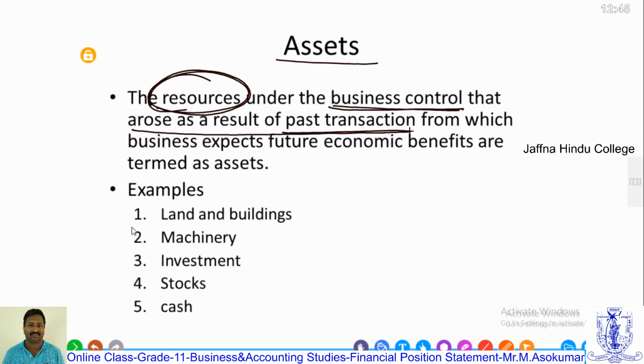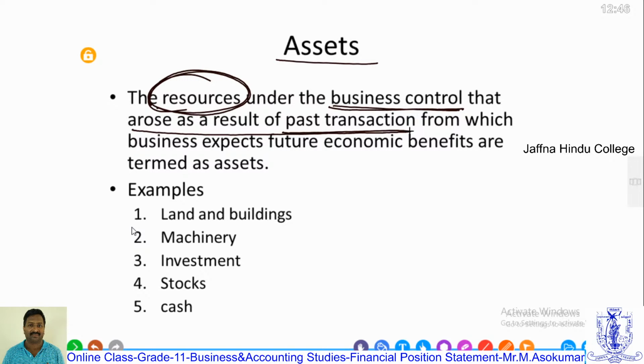After that transaction, the business has an asset of 500,000. And the business bought furniture costing rupees 200,000. After this exchange of resources, the business has under its control furniture valued at 200,000. They arose as a result of past transactions.